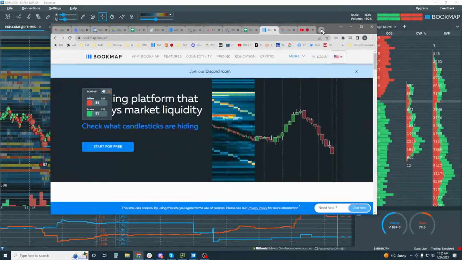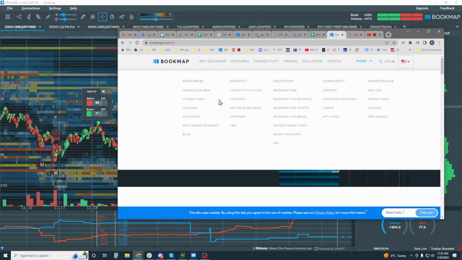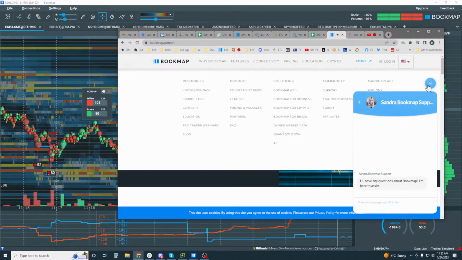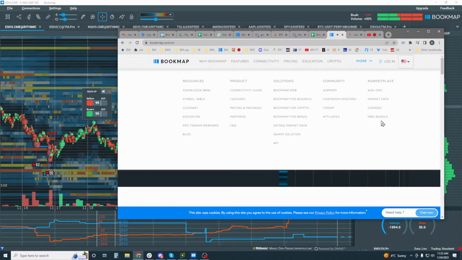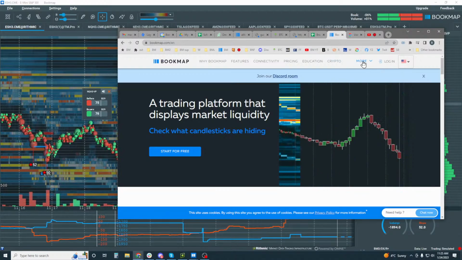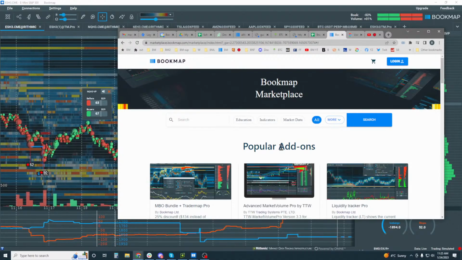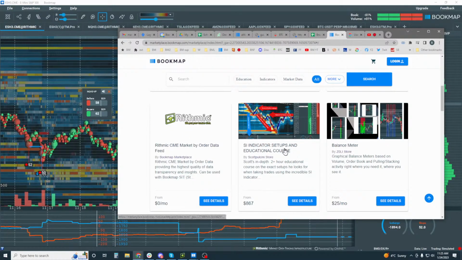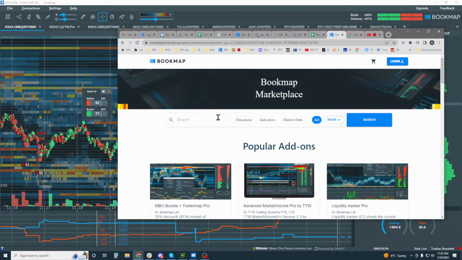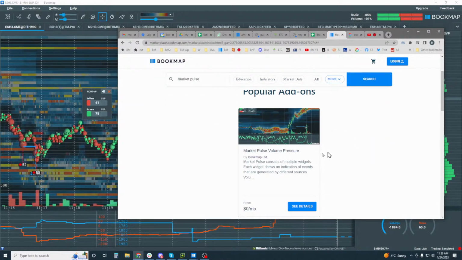Okay, again, you can start from bookmap.com, go to the more button here, and then go to knowledge base, or it should be in here. If we go to the market, yeah, here's the market pulse.